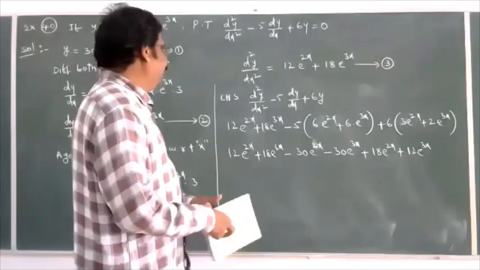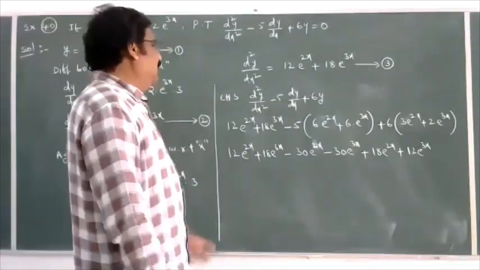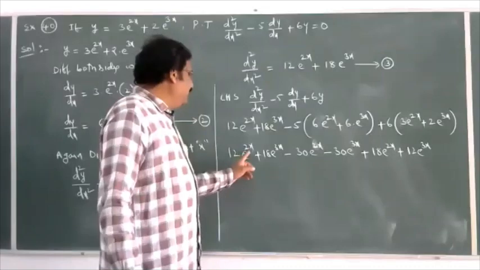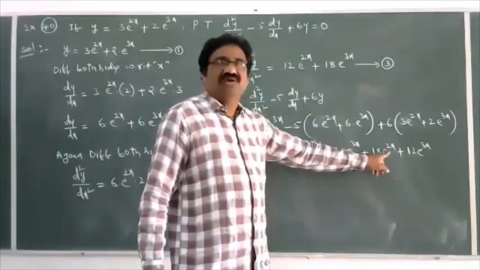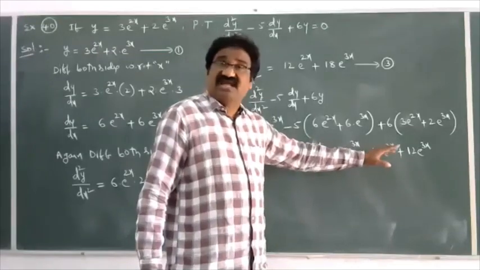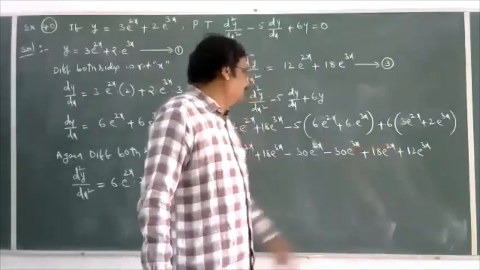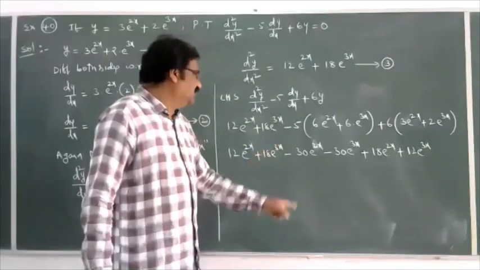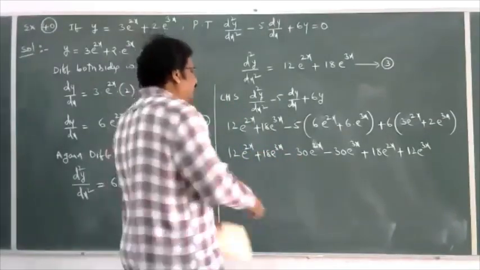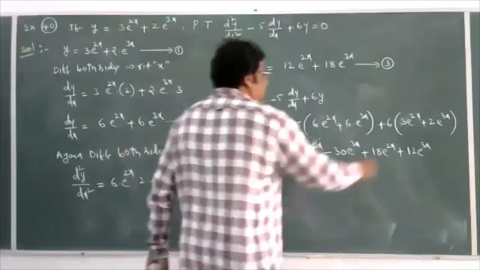So here, e power 2x terms: 12 into e power 2x plus 18 into e power 2x, these are like terms, is 30 into e power 2x, minus 30 into e power 2x. These terms are cancelled.